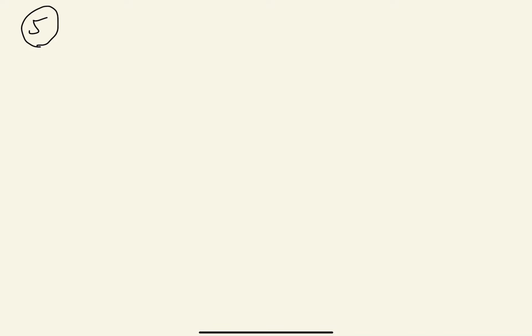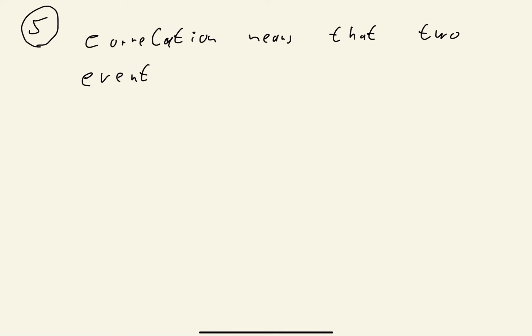Correlation means that two events tend to occur together.